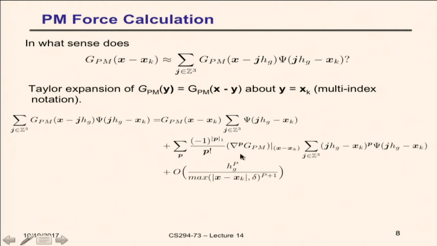Down here, we get the other terms in the Taylor expansion, the next capital P terms. So this is the sum over j of (j h_g minus x_k) to the p, times psi of j h_g minus x_k. And then we get a remainder term, if I only took this sum up to capital P terms. Here I've used the fact that g is a smoothed out version of the Green's function.